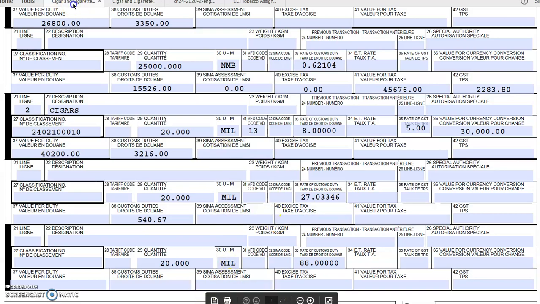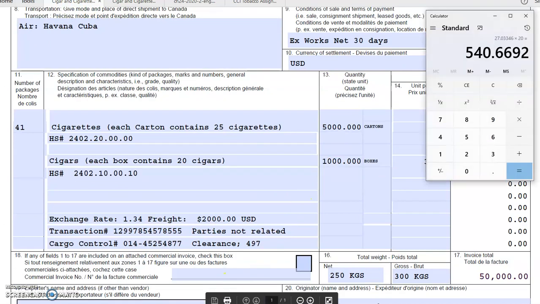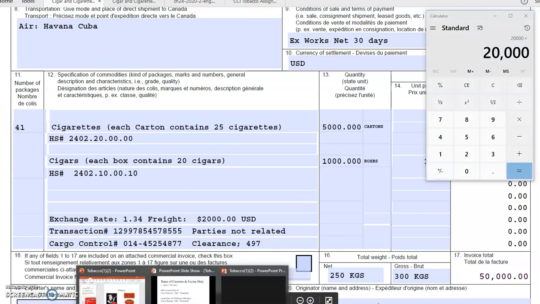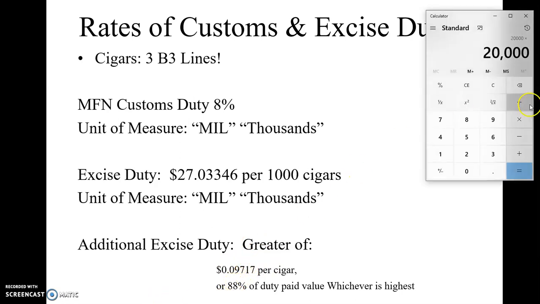If for giggles we can look to see how many cigars we got. We've got 20,000 cigars times the 0.09717, we got $1,900. No way.